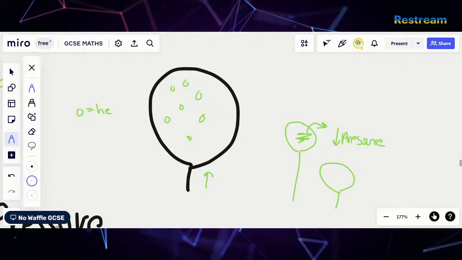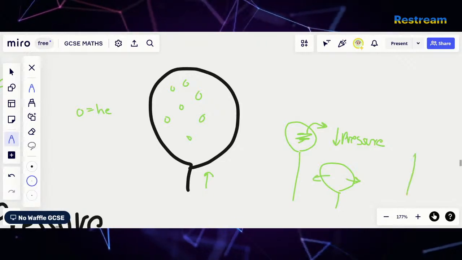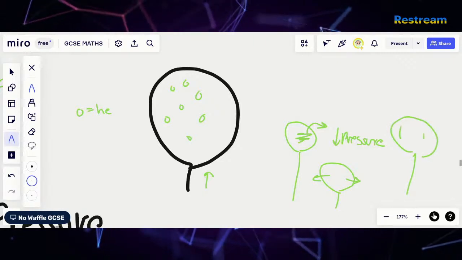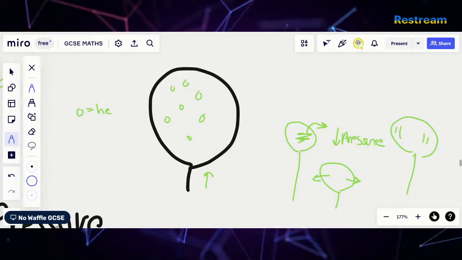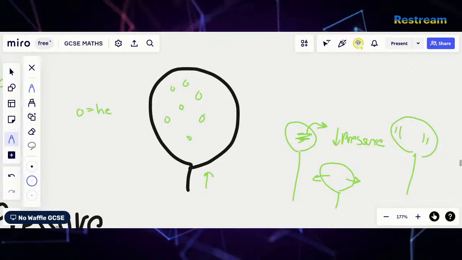So it decreases the pressure inside the balloon by expanding. The higher the balloon goes, the more it expands as it tries to catch up with the atmosphere around the balloon. I hope that makes sense.